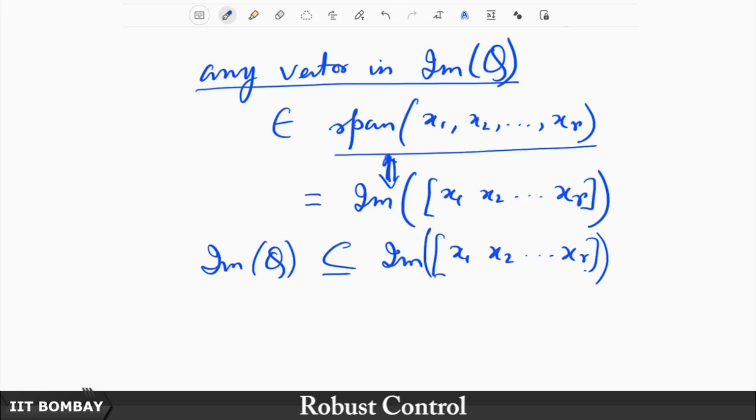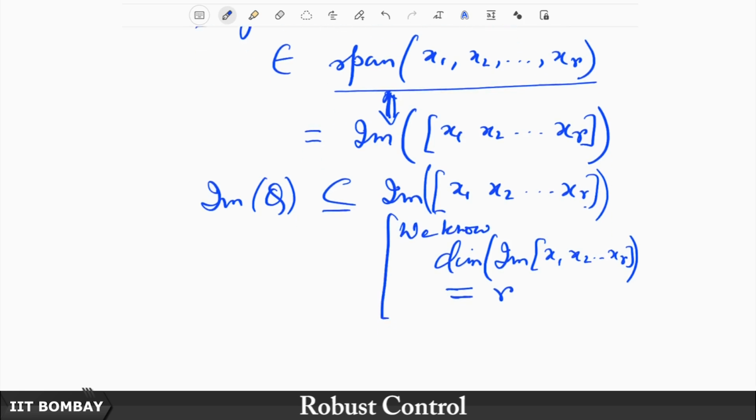And what is the benefit of showing that they are both one and the same vector space? We know exactly that the dimension of the image of x1, x2 dot dot dot till xr is equal to r. We know this. Why?